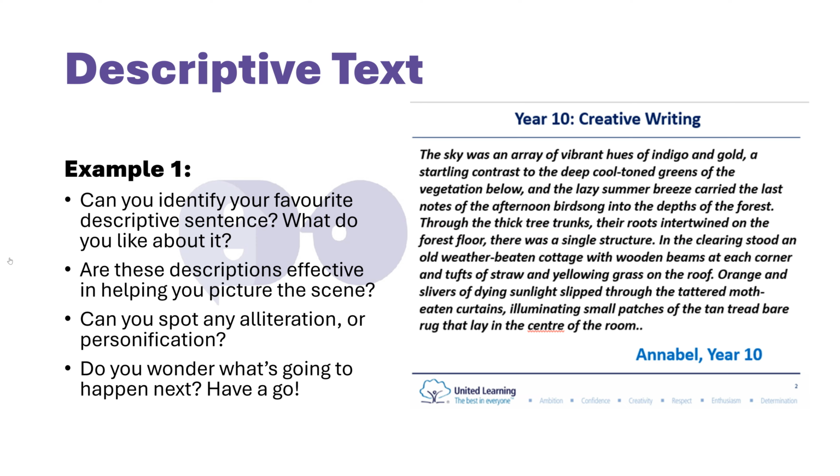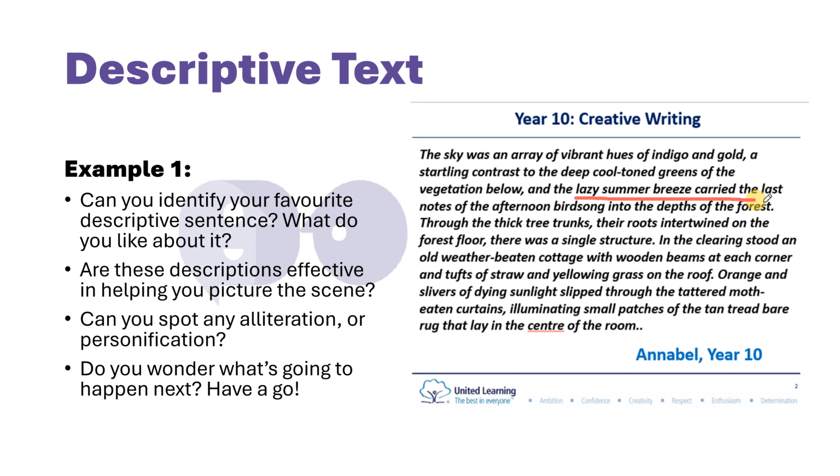Now, other devices we can spot here are alliteration, which is an instance of repeating sounds at the beginning of words: through thick tree trunks, slivers of dying sunlight slipped. And then also personification.